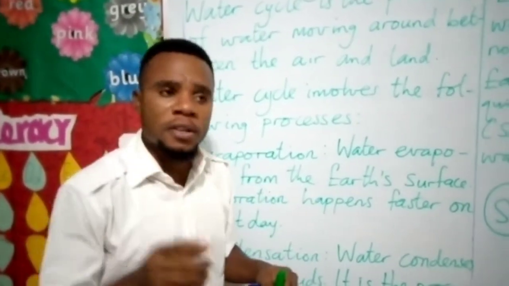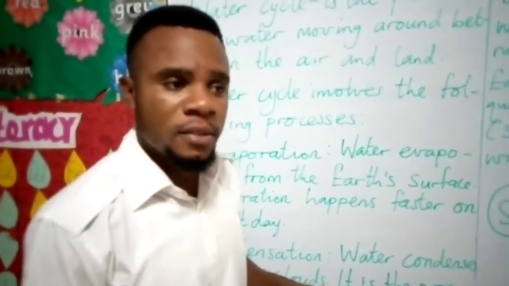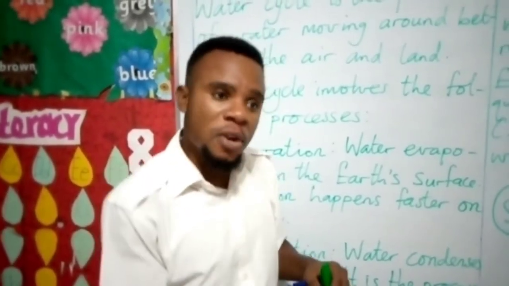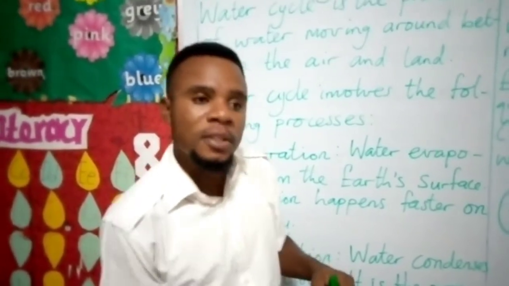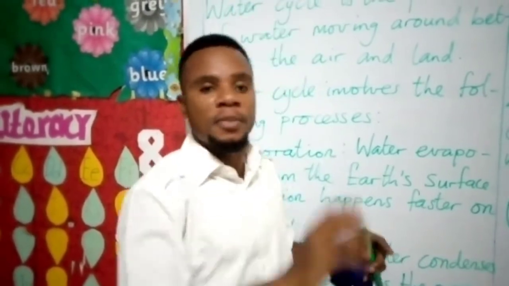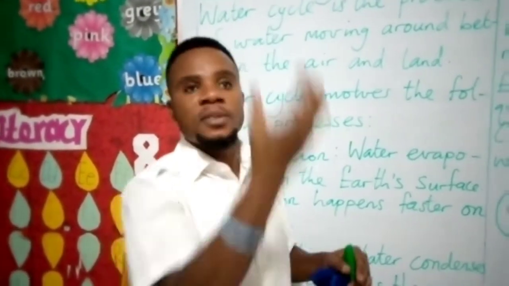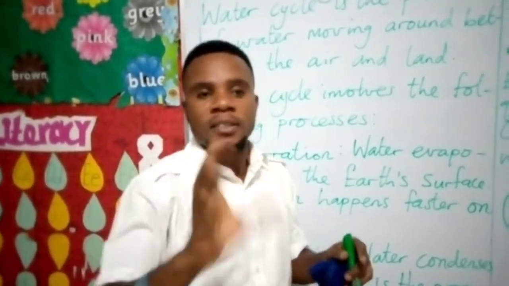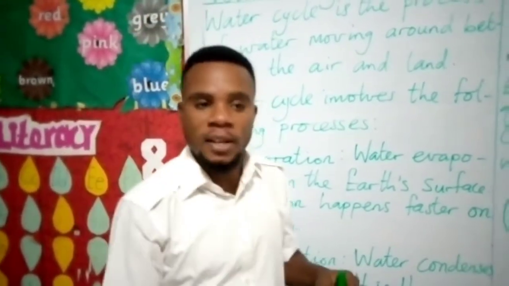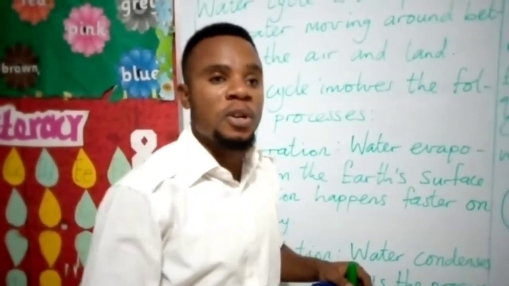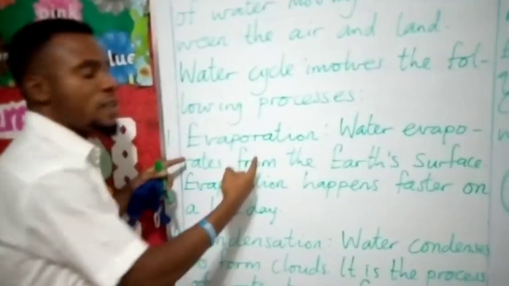Now when you cook or when you boil water in your kettle, when it starts boiling, there's some steam. You see the steam leaving the surface of the water to the cover of the kettle. When it settles there, you see water in the form of little droplets coming down. So that water going up in the kettle is the process of evaporation.